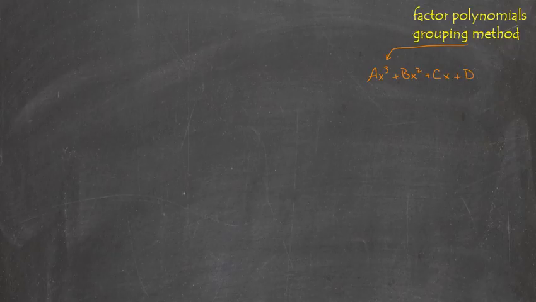So whenever you have more than three terms, or whenever you have exactly four terms, a technique to try, it won't always work, but the first thing you would want to try is factor by grouping.